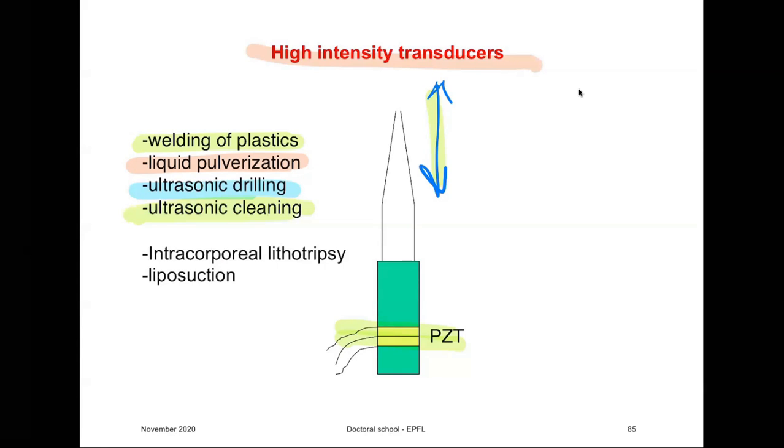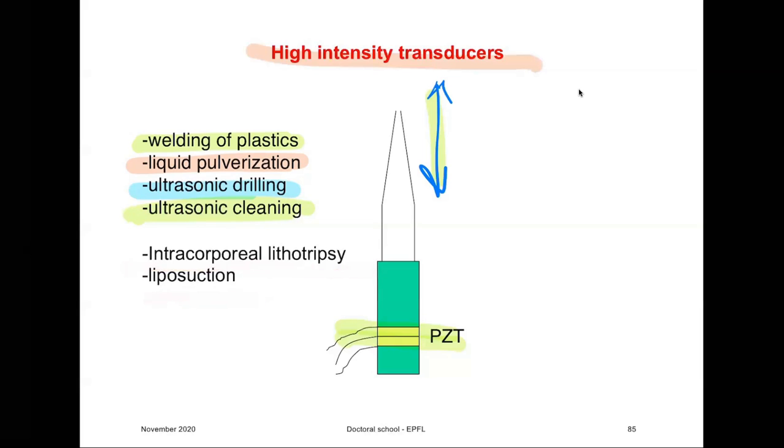Of course, at a megahertz, you have problems of how to drive it, how to have a circuit which would provide enough voltage and current power. It is also used in medicine for lithotripsy and liposuction.